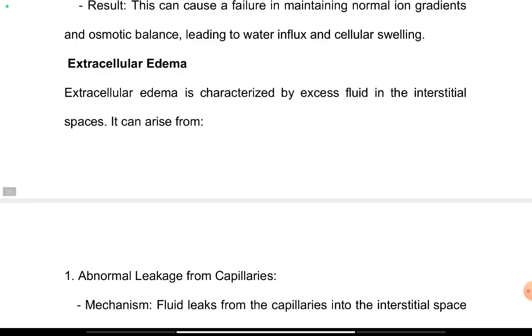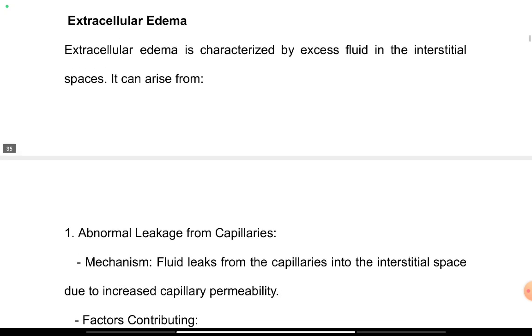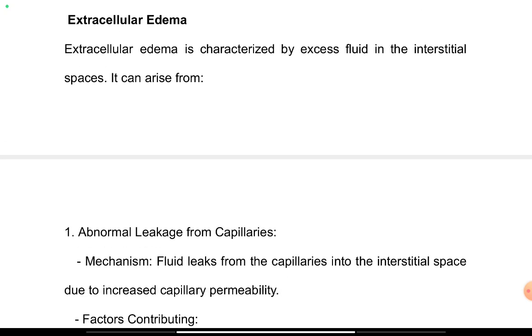So there could be extracellular edema. You know that extracellular fluid is subdivided into intravascular and extravascular. Then we have the intracellular space as a separate entity. I've drawn this diagram over and over again, so I won't go to the whiteboard again.